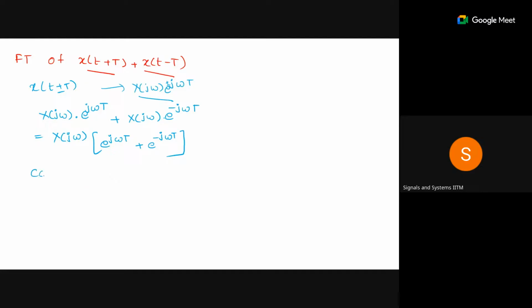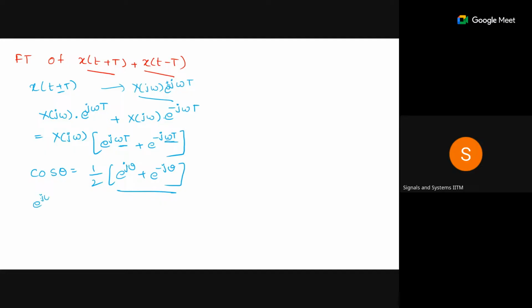So cos theta is equal to 1 by 2 times of e power j theta plus e power minus j theta, right? Here, instead of theta, we are having omega t.